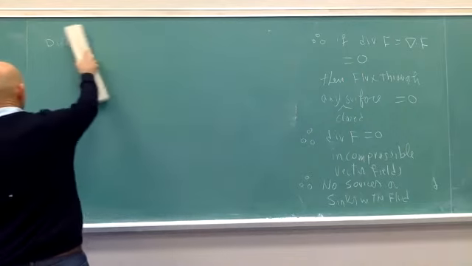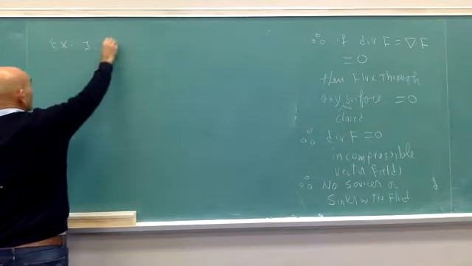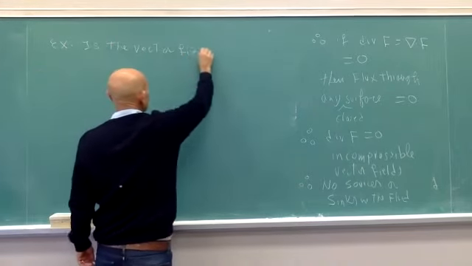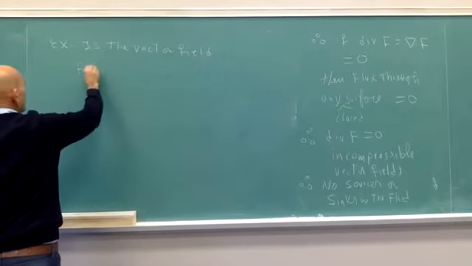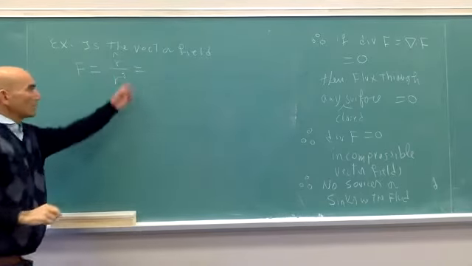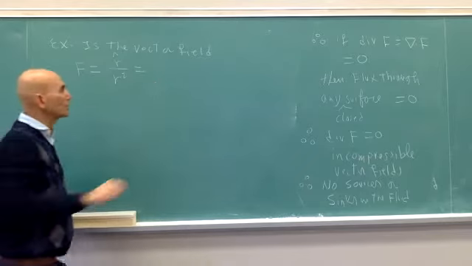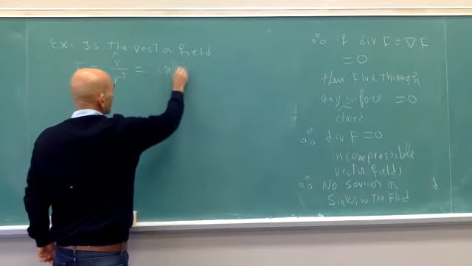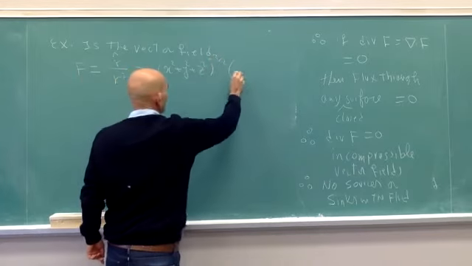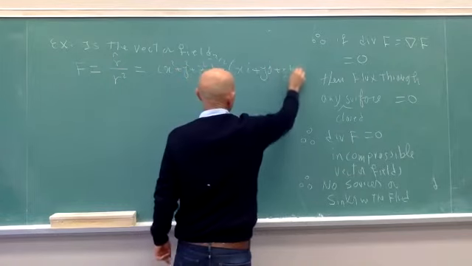So, example: the vector field F equal to r hat over r squared. Remember this vector field, r hat over r squared? This is what we derived last time. It was x squared plus y squared plus z squared to the power of -3/2 times xi plus yj plus zk, right?